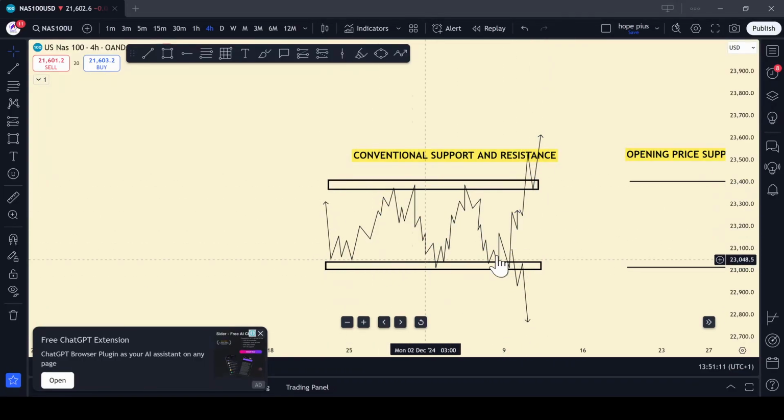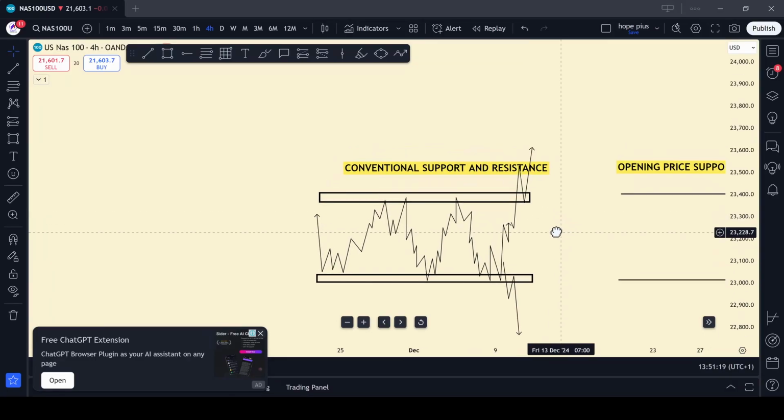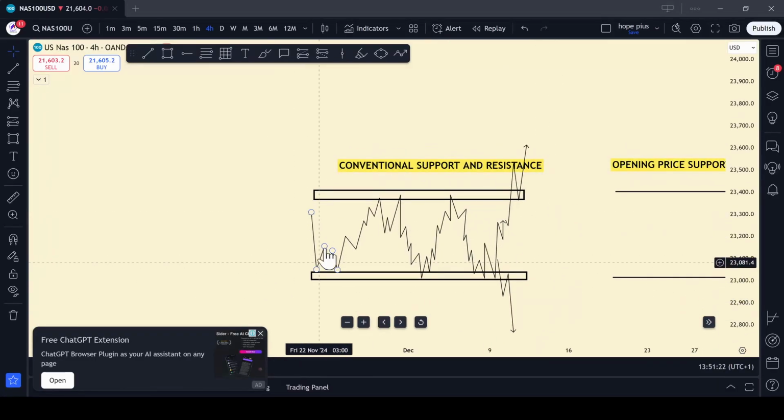As long as this area keeps holding, they keep buying at the support level and keep selling at the resistance level. But what they don't realize is that eventually they are building up liquidity, and it's easier to manipulate.